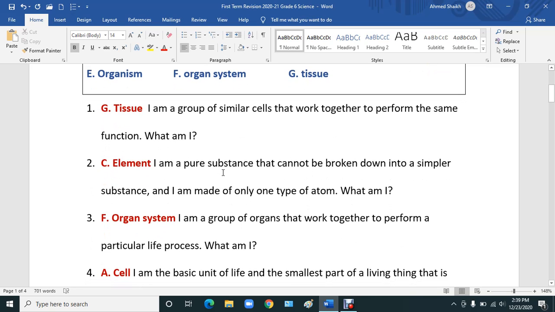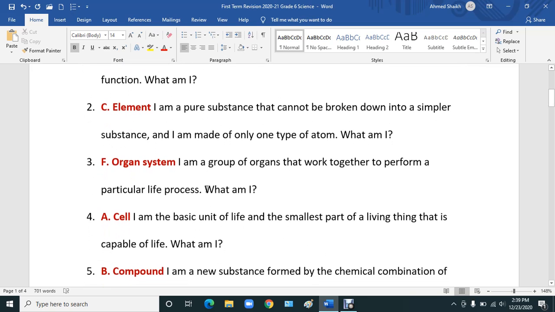Now here, the second is about C, element. I am a pure substance that cannot be broken down into simpler substances, and I am made of only one type of atom. What am I? So like this, we are going to answer all these sentences where you are going to use the suitable words from this box.